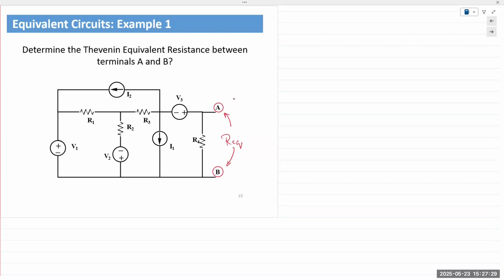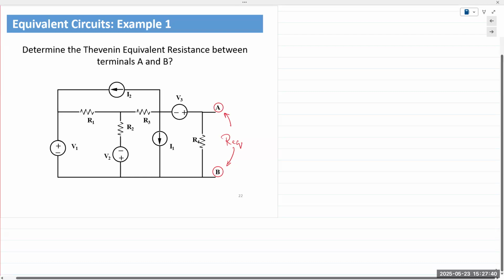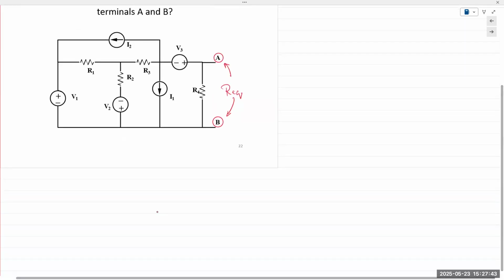So we replace voltage sources with a short circuit, and we replace current sources with an open circuit. So if we do that, then let's see.